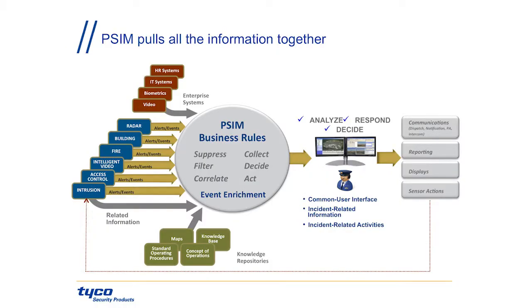So this is how the world looks with physical security information management. We take all of the information that's coming from these various sources and combine it all into a single system with a set of business rules and a business rule engine. With physical security information management, you're not just limited to security systems and such.